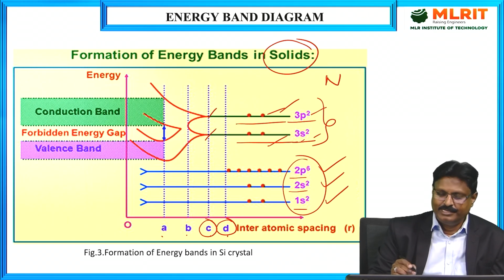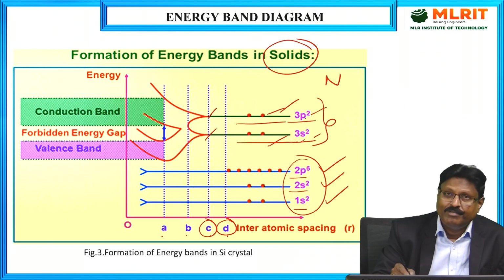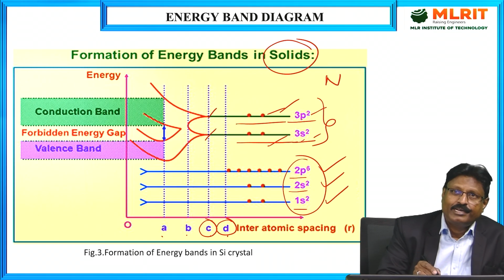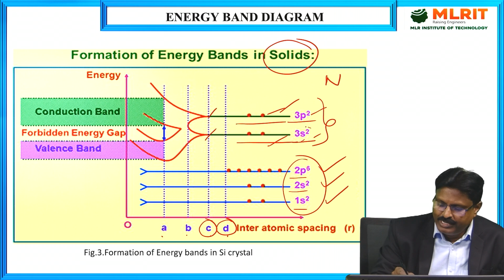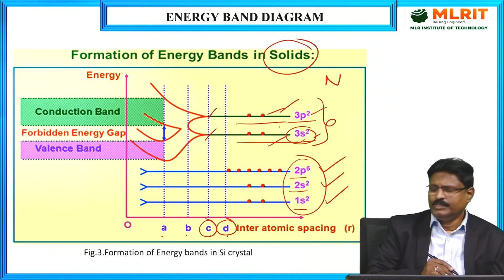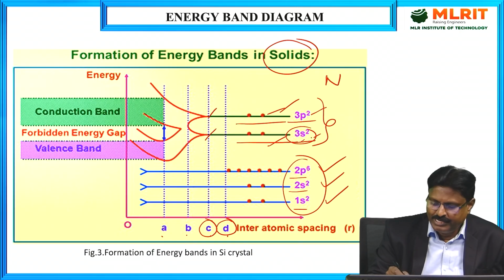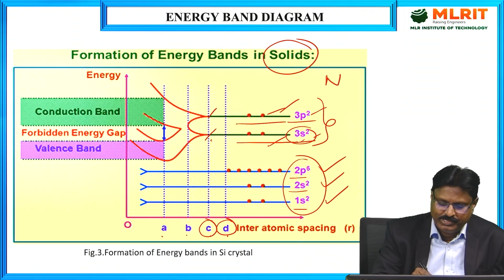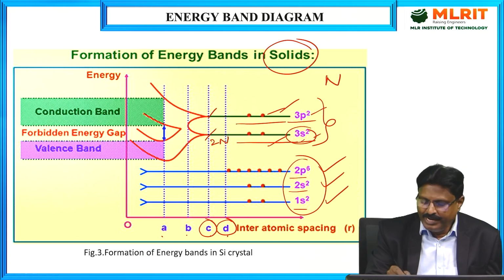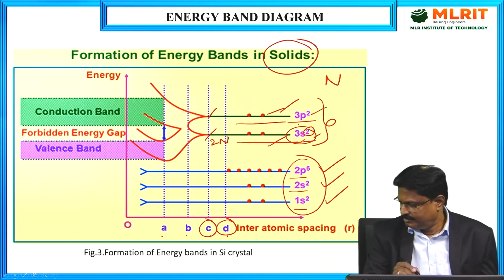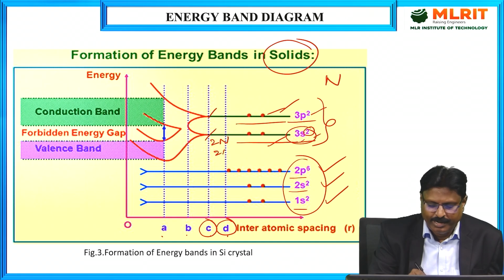Status in the sense, if you observe this energy level, how many allowed states are there and how many occupied states, how many electrons are there in the occupation. Let us take 3s2. S subshell means 2N states are there, and 2N electrons are there.